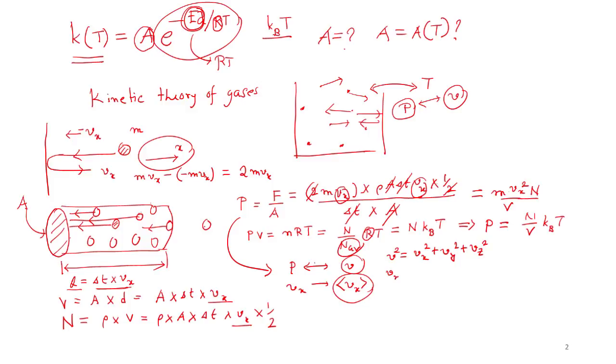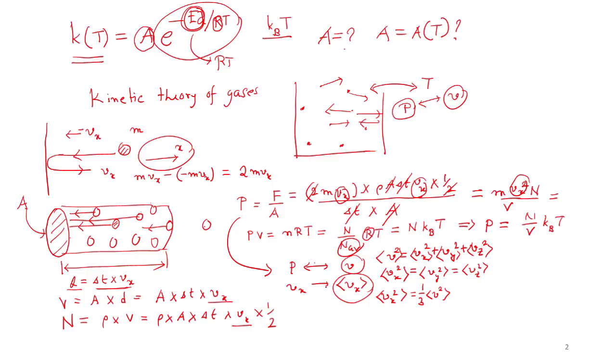And we also know that the average value of vx square should be identical to the average value of vy square, or should be identical to the average value of vz square, because the gas usually is isotropic in nature, and the top equation also we can average out. So these two conditions give that Vx square is nothing but 1/3 V square average. So you could directly write it here instead of this V square.